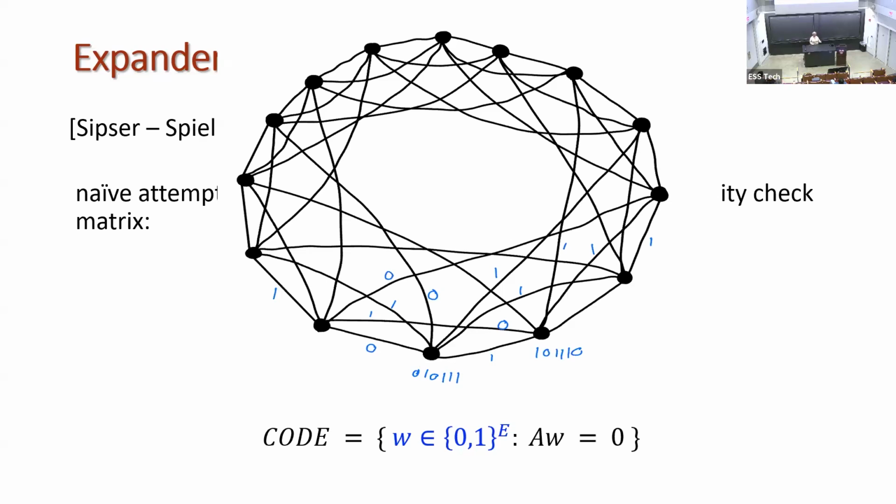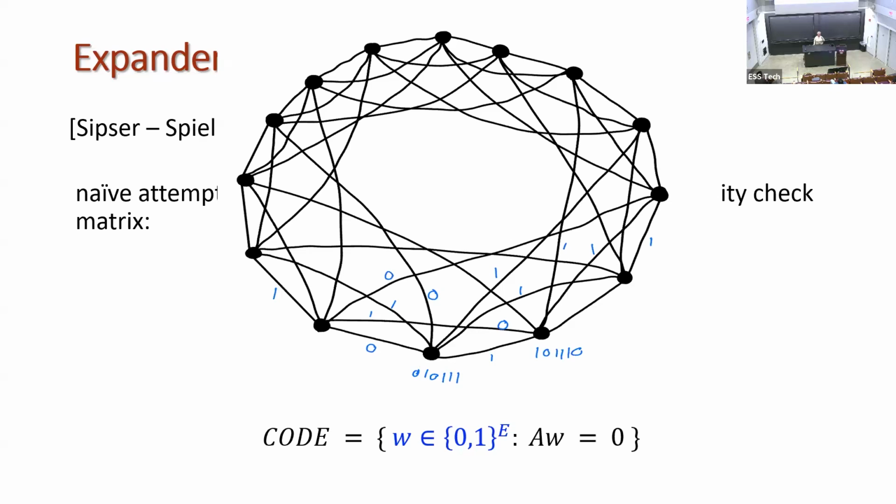Now I want to ask myself, is this a good idea? Did I define a code that has good distance? So I need to know whether or not there are two words in this code that are too close together, or whether every pair of words are far apart. And the answer is that there are actually words that are quite close together, because you can think of one word being the all zero string, that's always in my code, and another word being a word that has all zeros except for ones on a cycle in the graph.